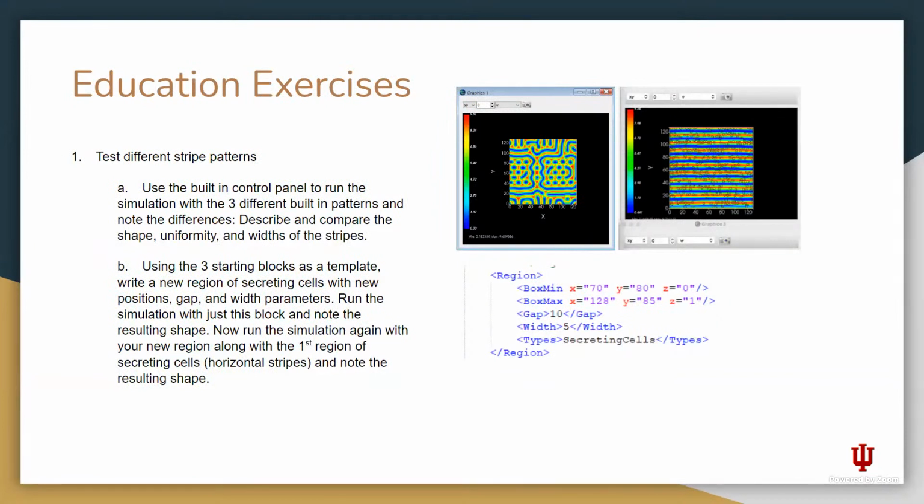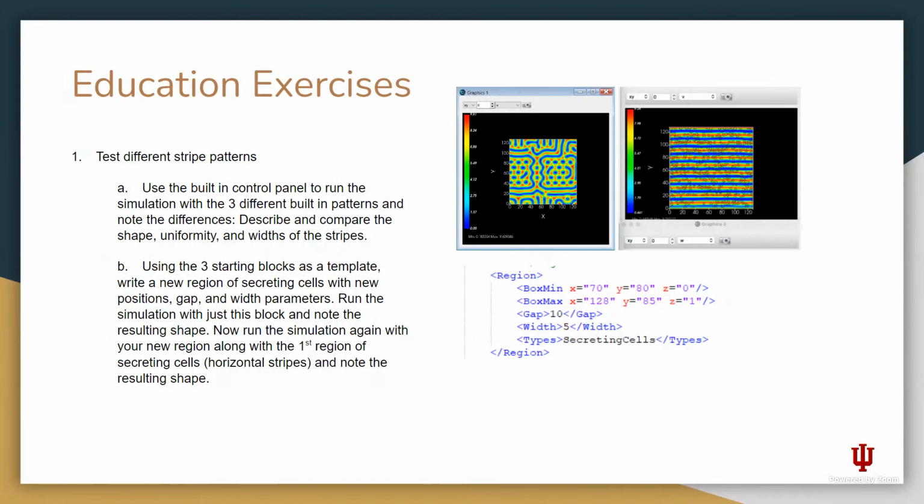So similar to what I was talking about last time, we had the initial starting regions to create the different stripes, different patterns. And that is done in the XML. We have the different starting regions of initial cells. This is the example given in the previous simulation, but it's the same principle in this version.